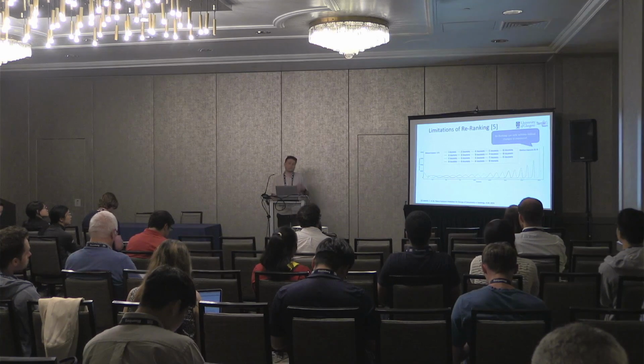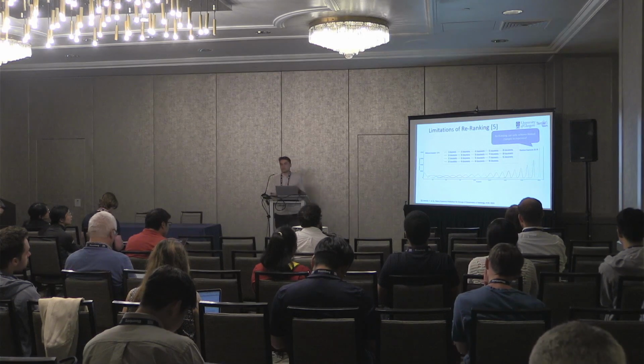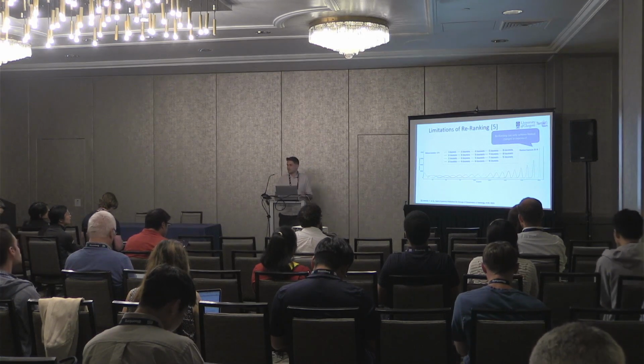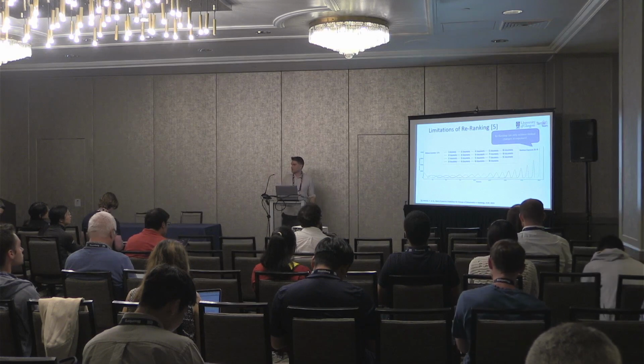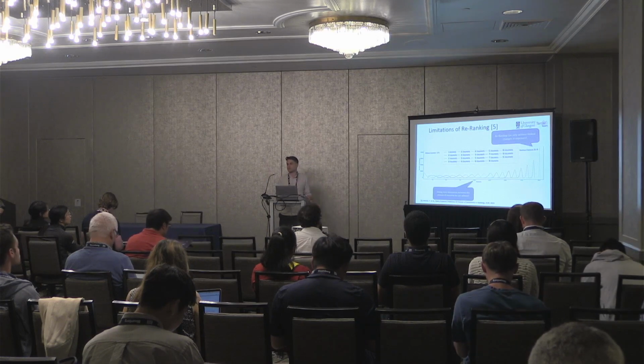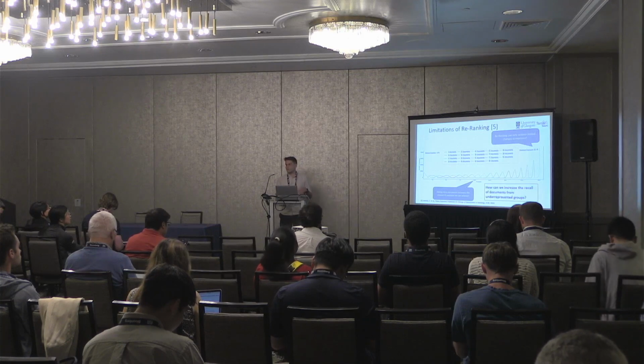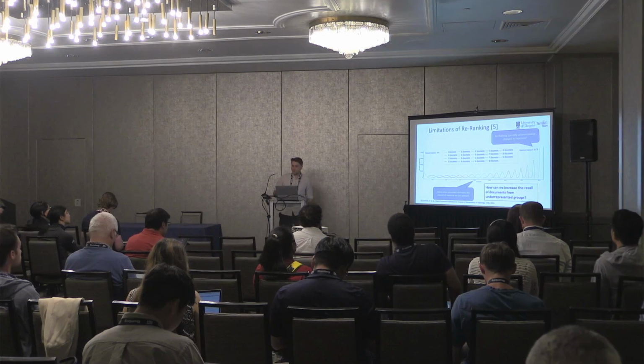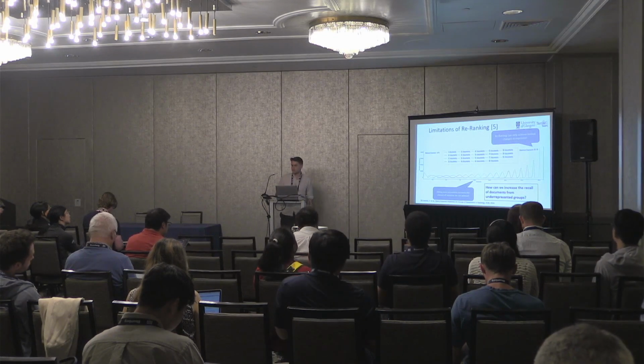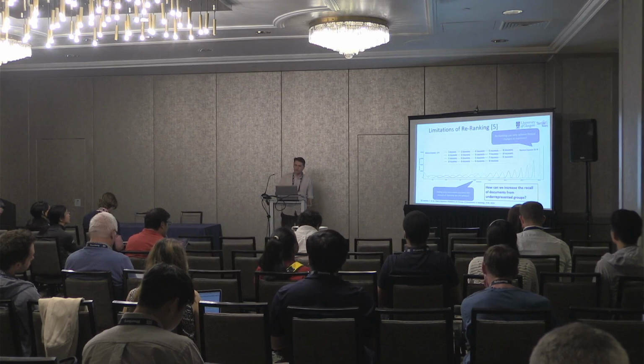What we can take away from here is that re-ranking can only achieve limited exposure. We argue that even better than re-ranking, when we want to increase the exposure, is adding more documents from the group, and that means we need to have them in the first stage retrieval. That's why we came up with the question: how can we increase the recall of documents from underrepresented groups in the first stage retrieval?